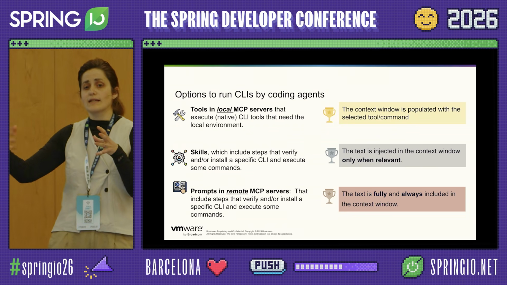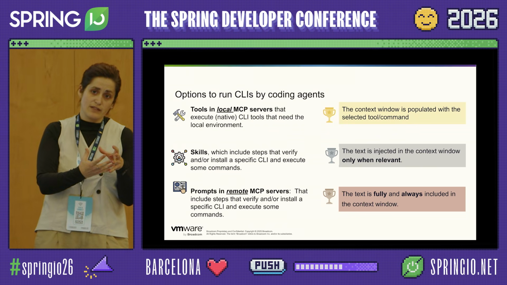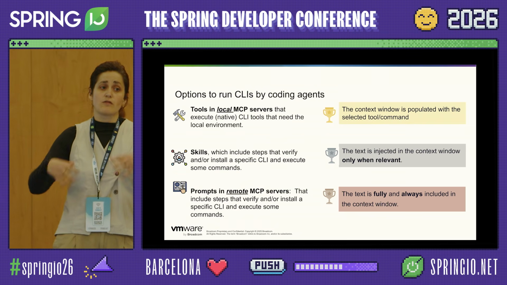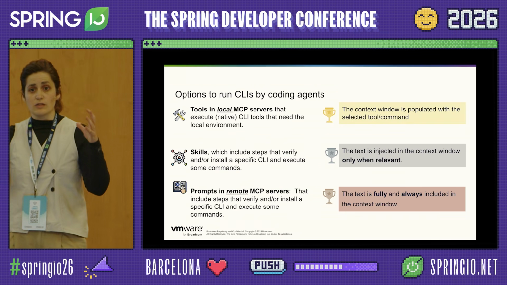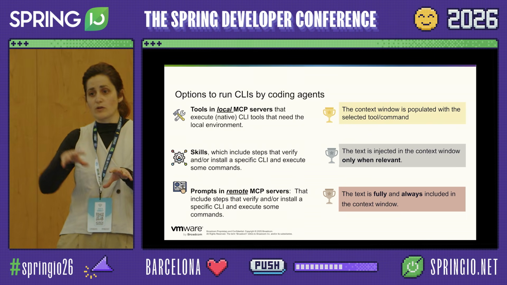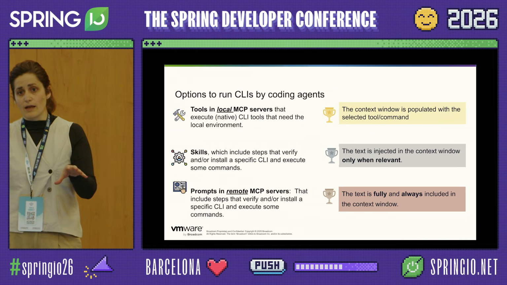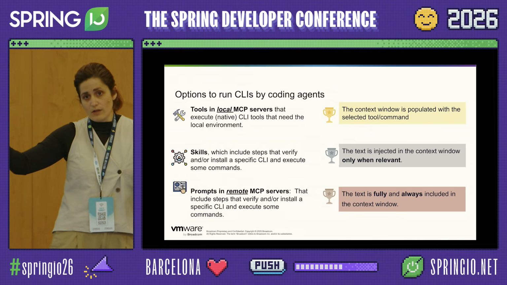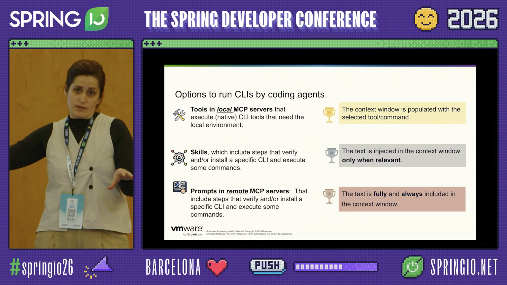Because if the compiler is involved in all this process, you need to be able to resolve all the dependencies. So this is why, in case you want to combine both tools in order to expand the LLM, you can consider only a local MCP server.